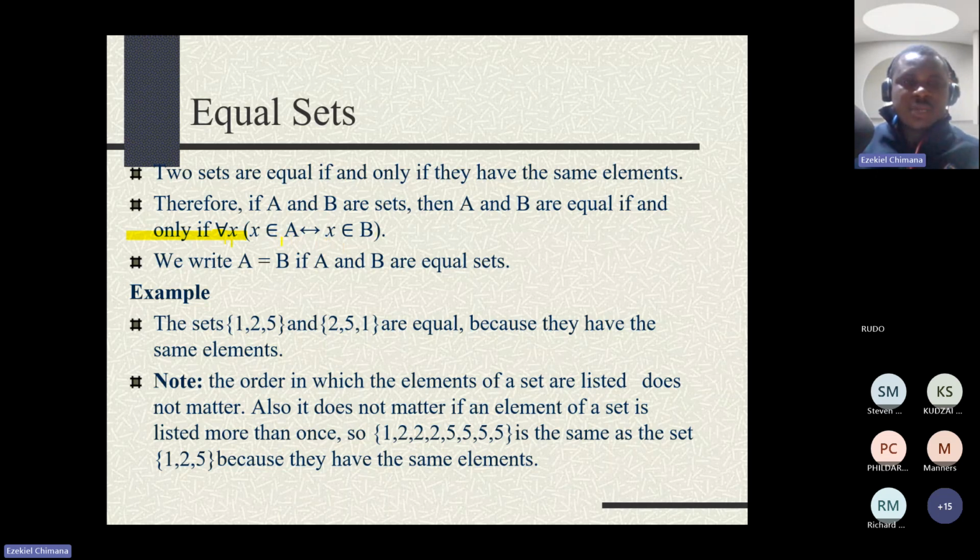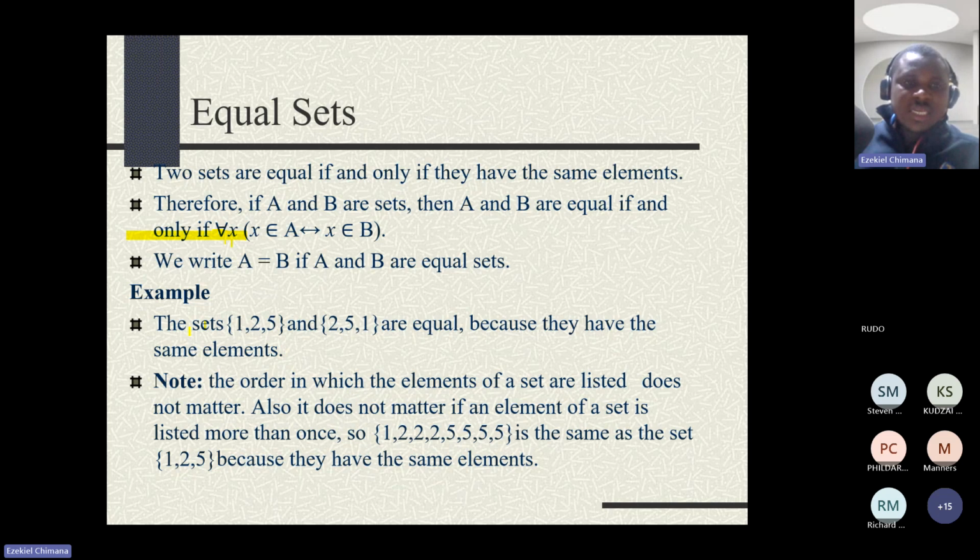In other words, if x is an element of A, it implies that x is an element of B. If x is an element of B, it implies that x is also an element of A. So it goes both ways. So the sets {1, 2, 5} and {2, 5, 1} are equal because they have the same elements.